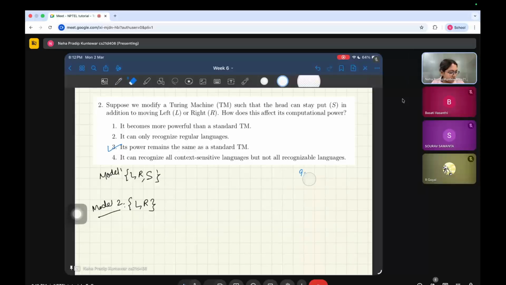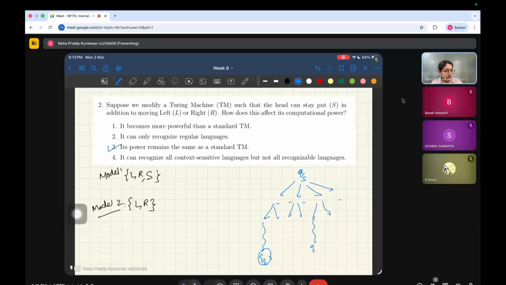This is more relevant when you go to the non-deterministic model, right? Initially you are at the start state, then you may end up in several states because there you have choices of next operation, and then you keep on going like this. If any of them leads you to a QA, then you are going to accept. Otherwise, if all of them take you to QR, then you are going to reject.